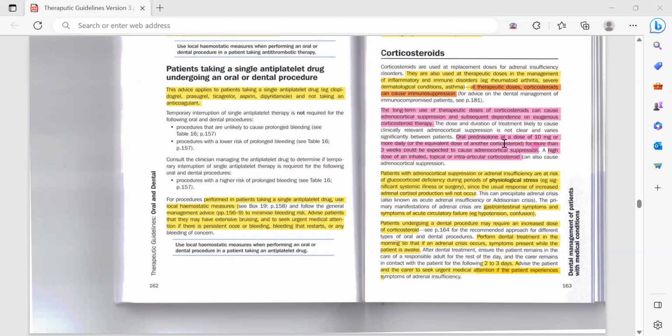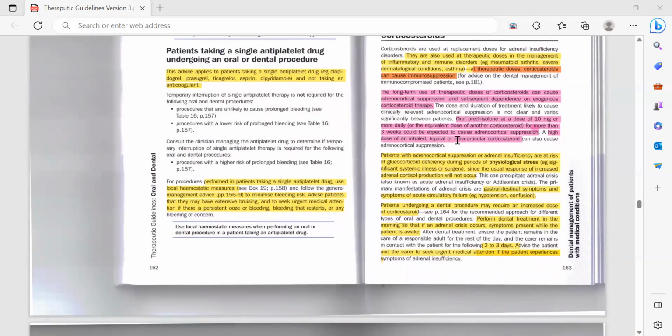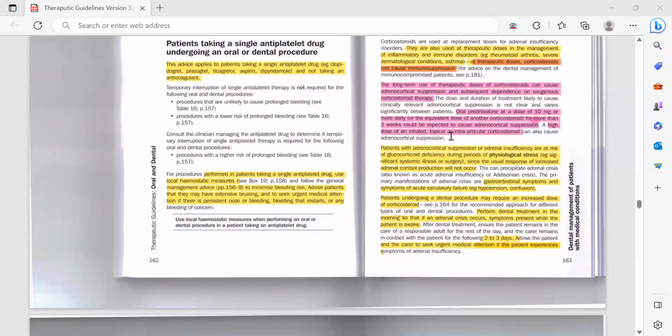So there are three things, right? Oral prednisolone at a dose of 10 milligrams or more daily for more than 3 weeks could be expected to cause adrenocortical suppression. A high dose of inhaled, topical or intraarticular corticosteroids can also cause the suppression.